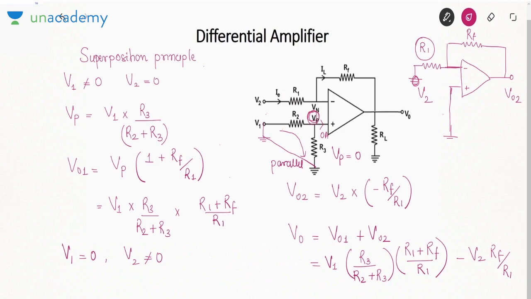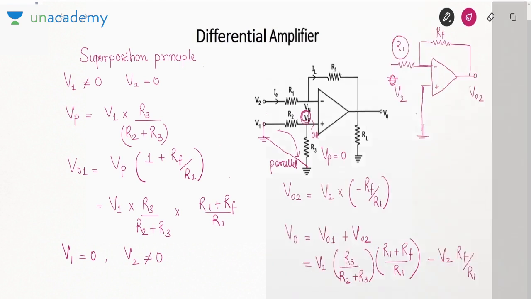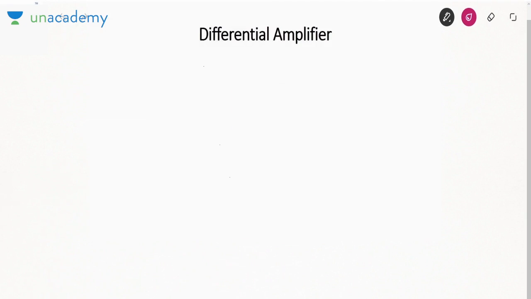Now here we cannot directly say that it is simply amplifying the difference of the two voltages. You cannot directly say that. If you want to amplify the difference of the two voltages, you have to consider R1 equal to R2 and R3 equal to RF.